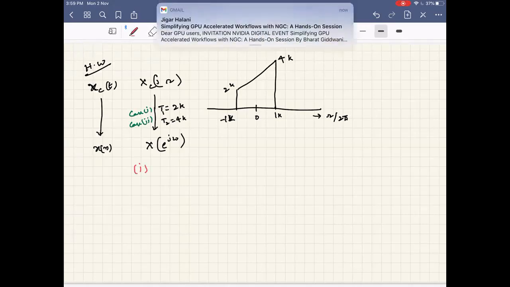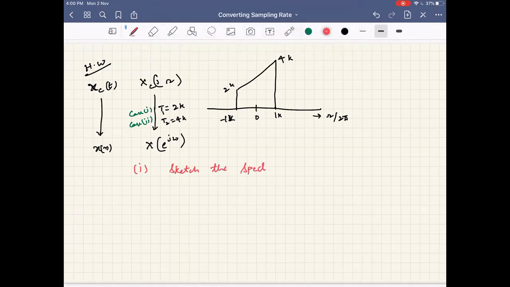Sketch the spectrum of the decimated sequence with decimation factor of 2 in case 1 and 2. So this is what is expected first.